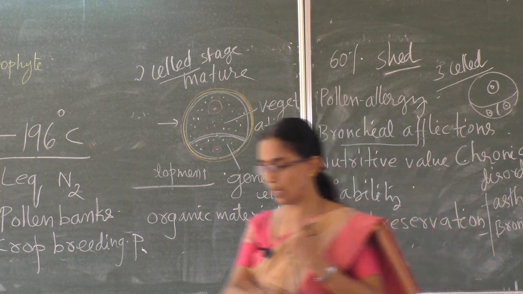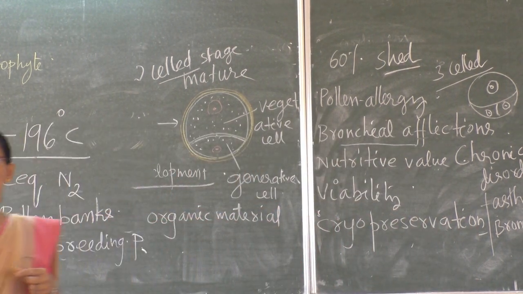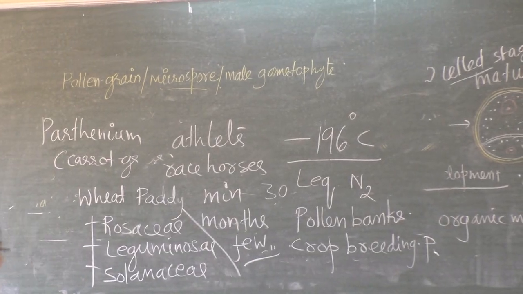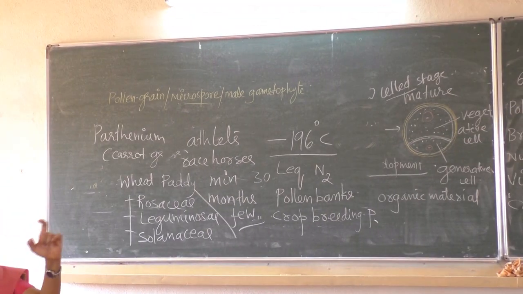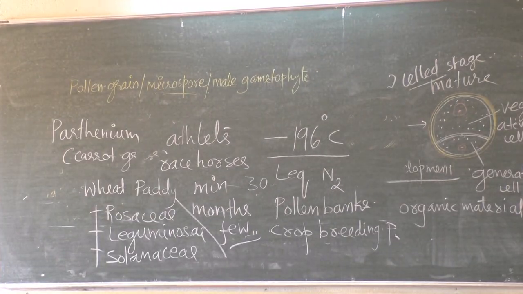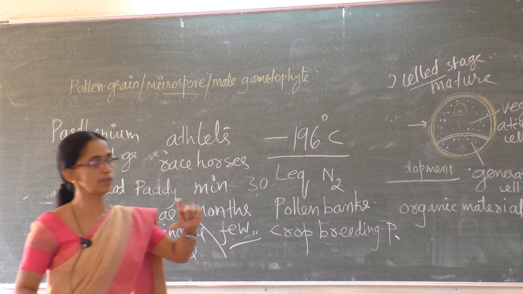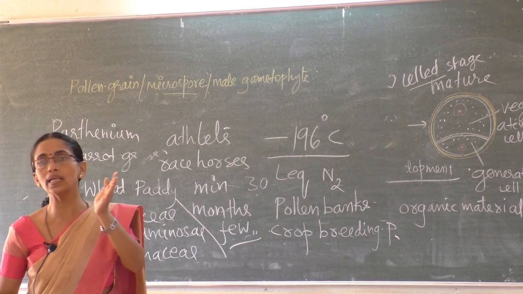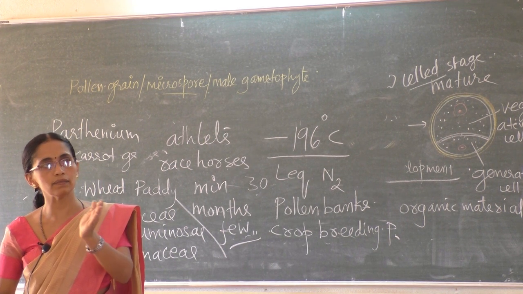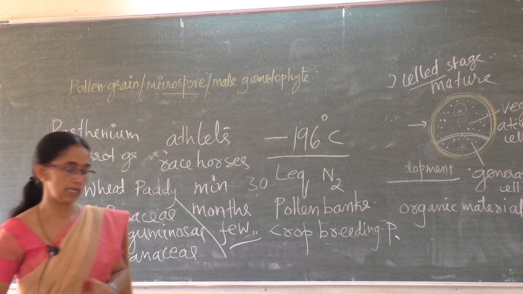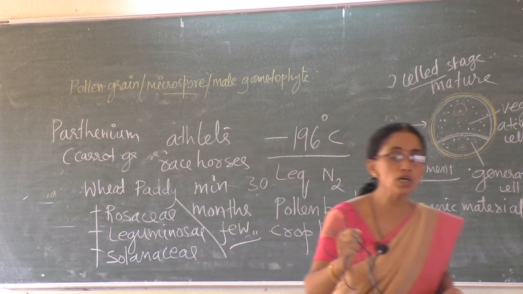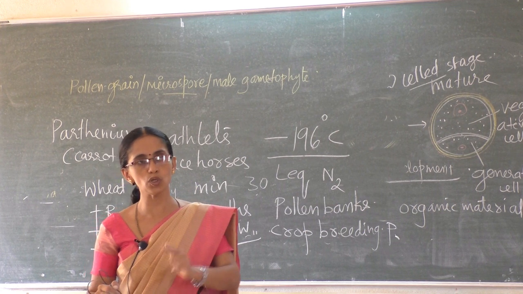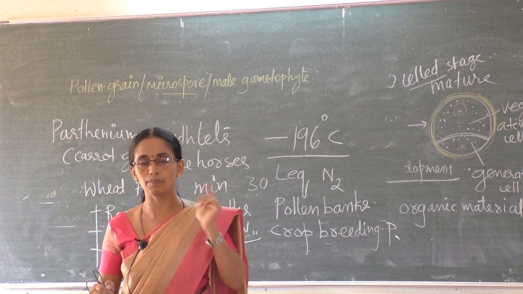So that is the continuation of the male reproductive structure, the androecium. We studied how the androecium is. Individual units of androecium are called stamens. A stamen is made up of filament and anther lobe. Anther lobe internally has the pollen sacs. Pollen sacs internally produce pollen grains by the process of microsporogenesis, the formation of microspores from microspore mother cells.